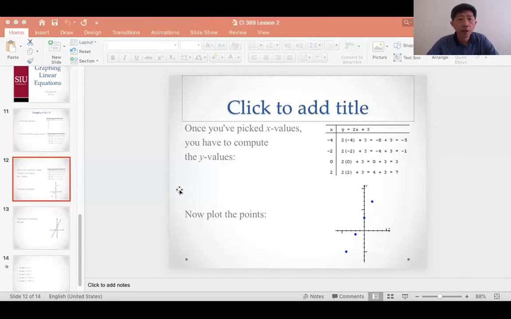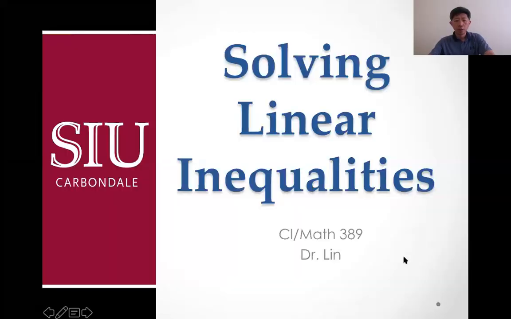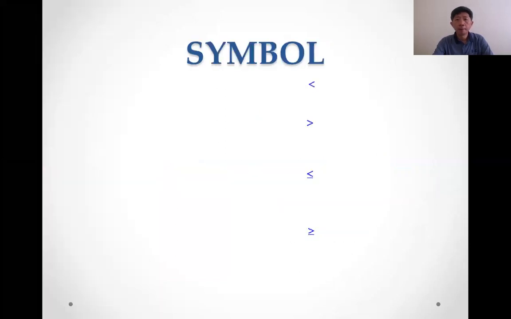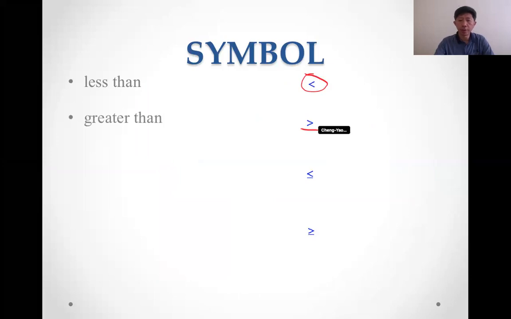Next, I want to talk about solving linear inequalities. Here, I need to introduce some symbols. Number one is less than. Then greater than, or more than, we can say.